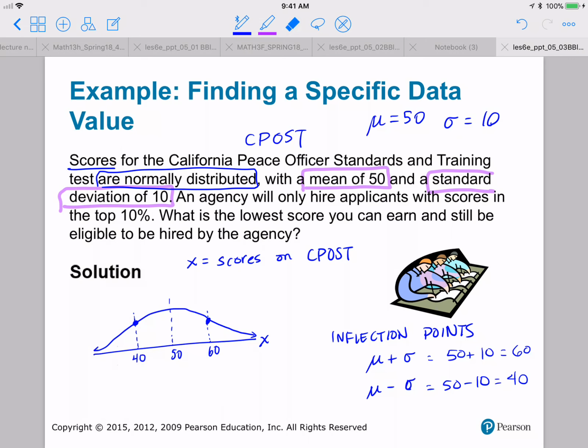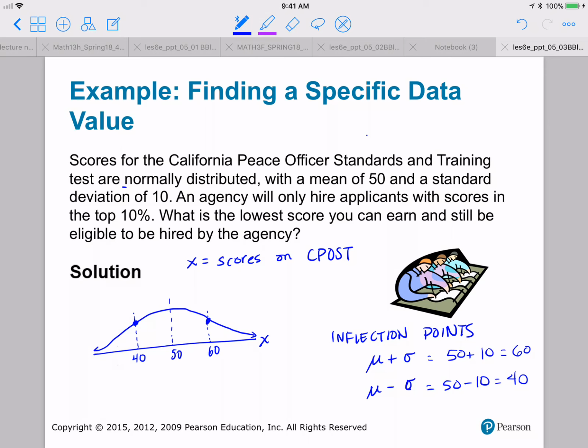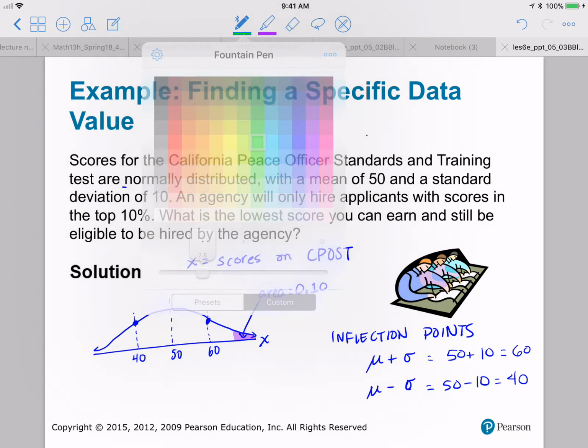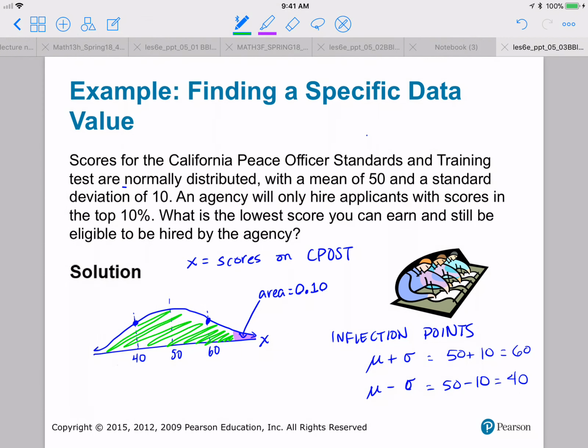Okay. So an agency will only hire applicants with scores in the top 10%. Ooh, okay, so you have to be in the top 10%. What does that mean? If you're in the top 10%, that means you are in the 90th percentile, right? This area is going to be 0.10, and the cumulative area is going to be 0.90.